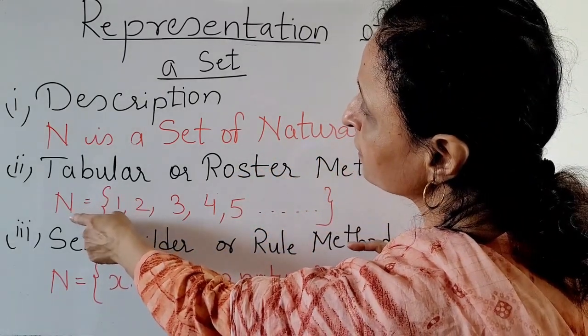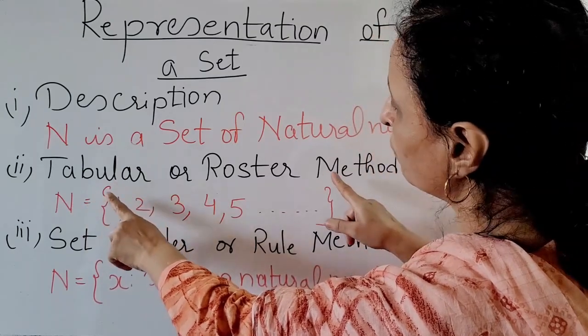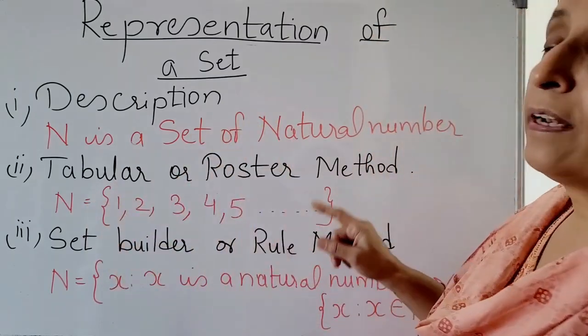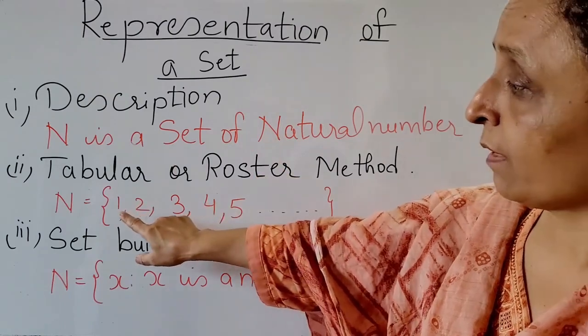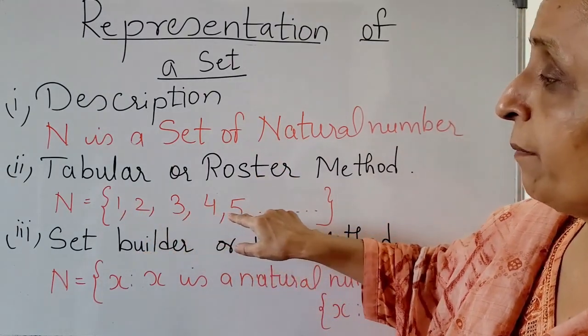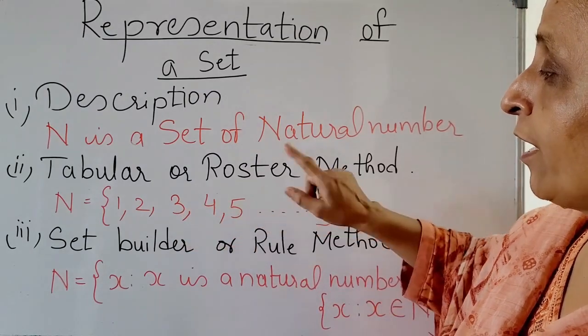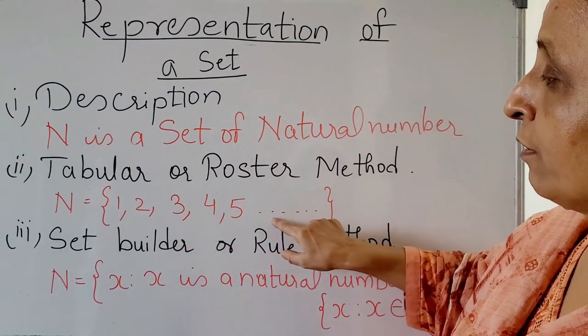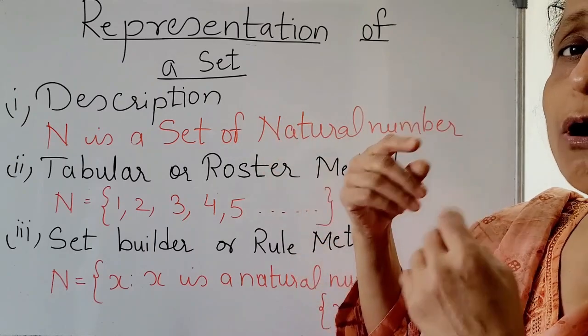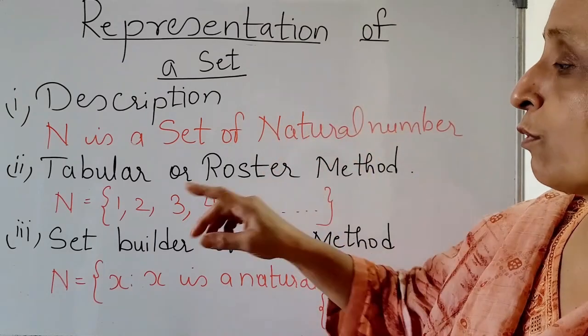N is the set, equal to, you put in the curly bracket and you write the elements 1, 2, 3, 4, 5, 6, 7, ... shows that it goes on, the natural numbers go on.